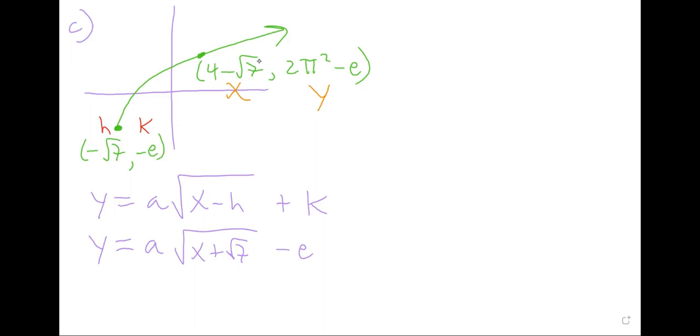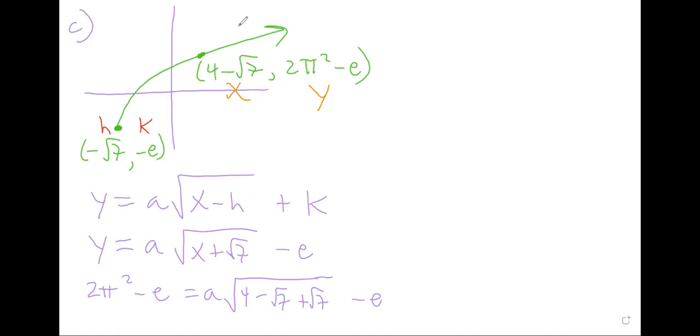So let's see. So this becomes 2 pi squared minus e. And then equals a square root 4 minus square root 7 plus square root 7 minus e.